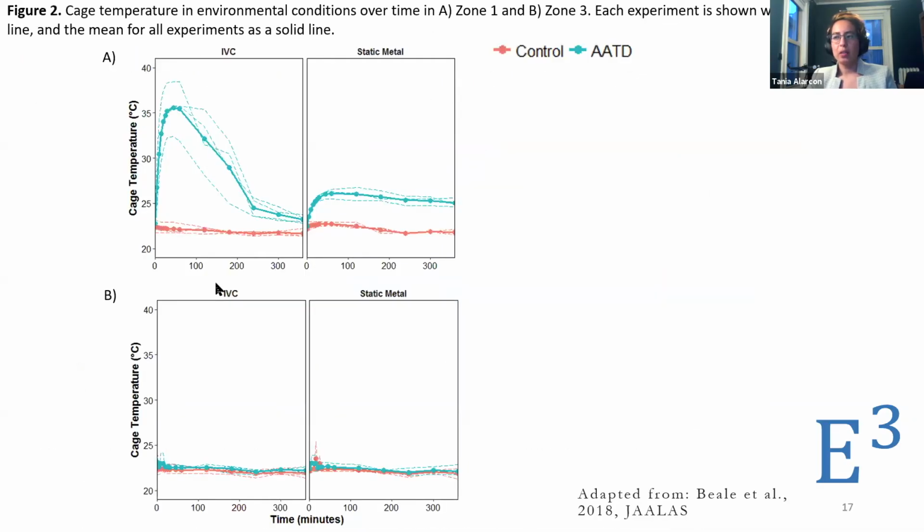The other thing I included here in terms of axis manipulation is a figure I adapted from a paper where I'm a co-author. Forget about the data being shown here, and let's think about the graph. We have two figures. The scale is in terms of temperature. A scale doesn't always have to start at 0. It can go from about 20 to about 40 in this case. Both of these figures, at the top and the bottom, have the same scale.